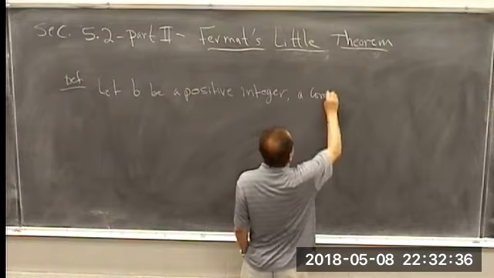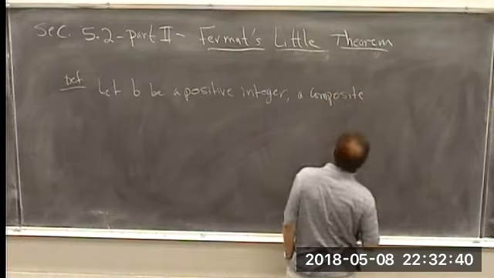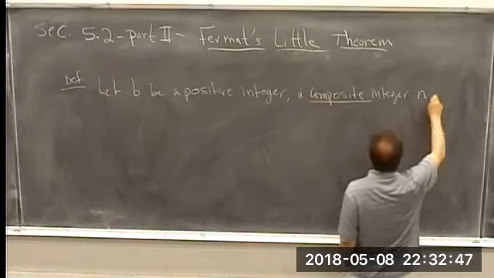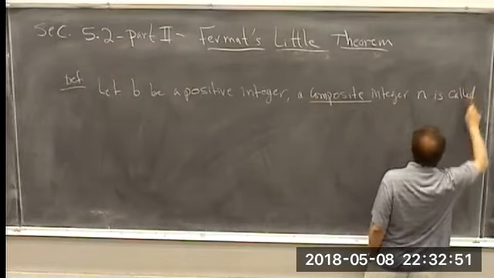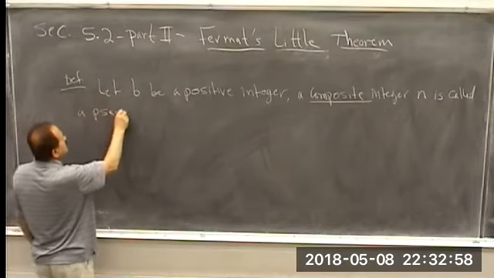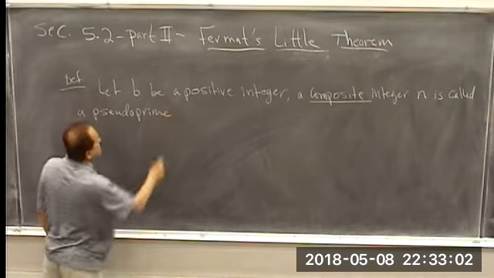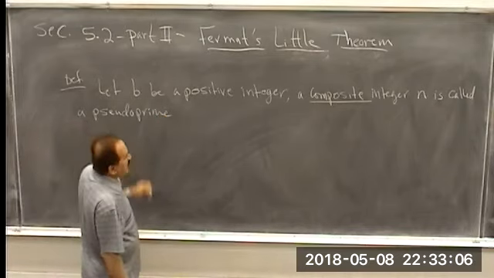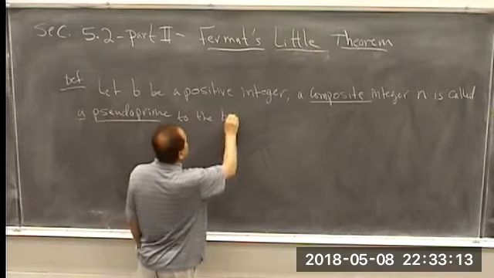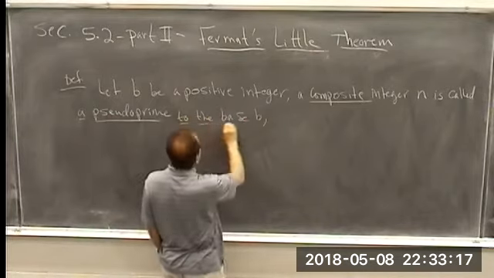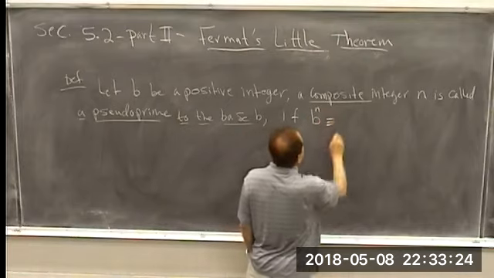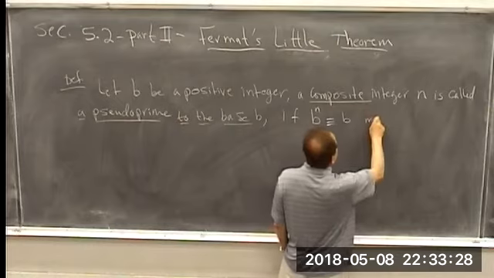A composite integer n, so it must be composite, is called a pseudoprime, or sometimes a fake prime, to the base b if b to the n is congruent to b mod n.